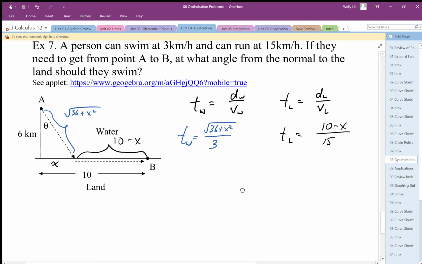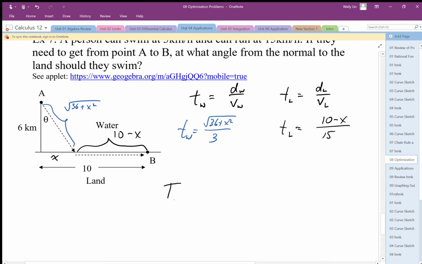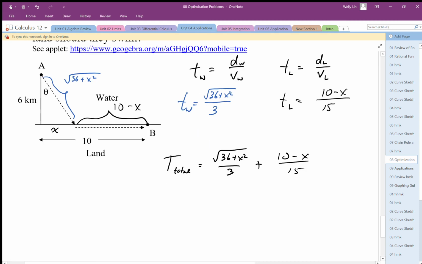So I'm going to write the equation. My total time is going to be the time on the water plus my time on the land, the distance divided by velocity on the land. And I want to find the minimum time, so I'm going to differentiate this.